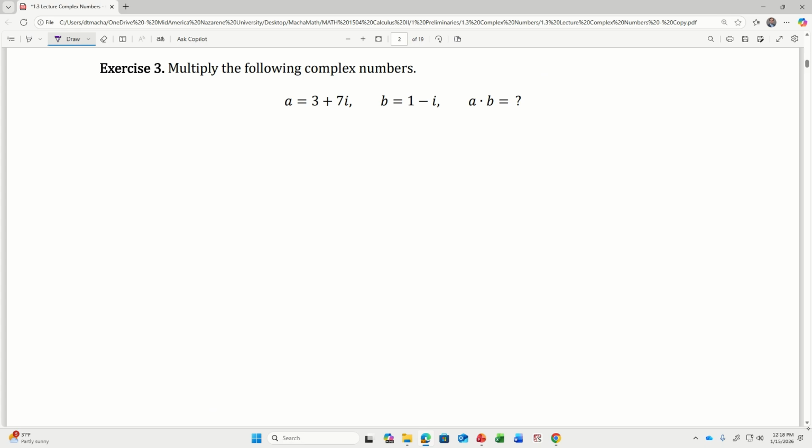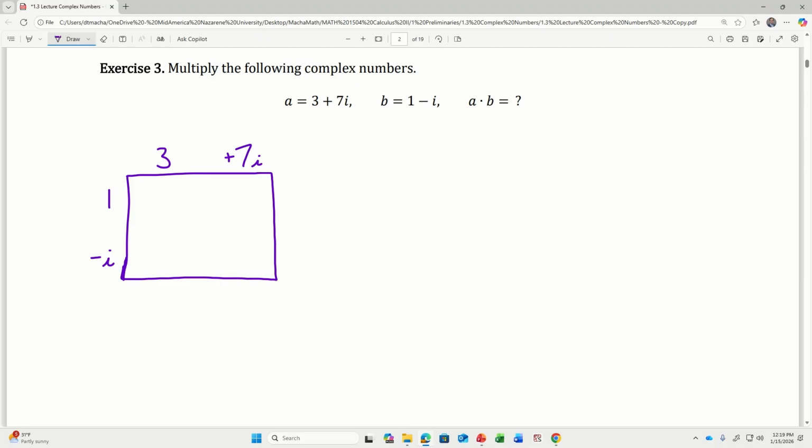Multiply the following complex numbers. If I want to multiply, what I do is I remember that the area of this rectangle is the product of the two side lengths. So if one of these side lengths is the number 3 plus 7i, and another side length is the number 1 minus i, then 3 plus 7i times 1 minus i is going to give me the area of the rectangle.